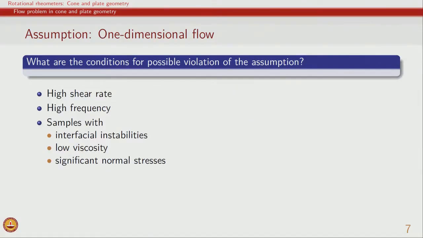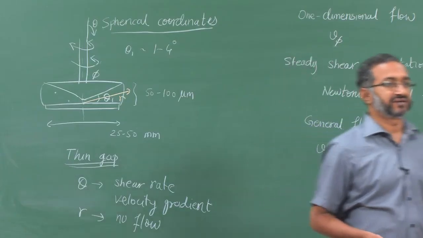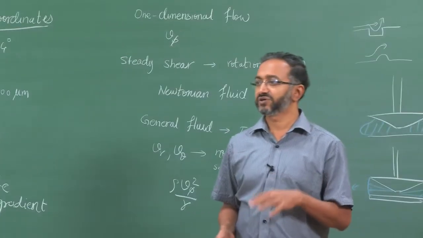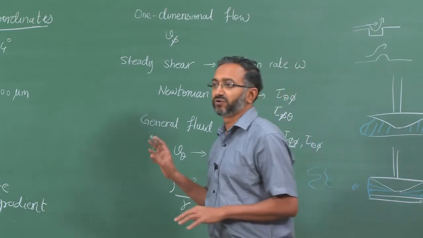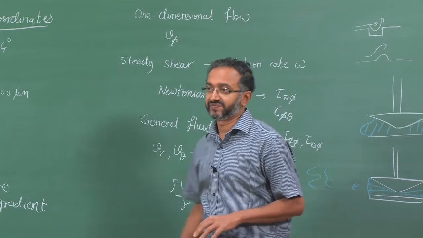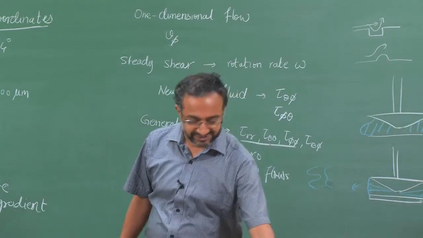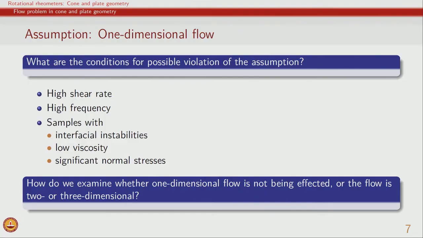And then one last aspect is of course normal stresses. Since we know that the secondary flows can be caused due to either inertia or due to normal stresses, whenever we have fluids with high normal stresses or low viscosity, we can expect the overall flow to not remain one dimensional.